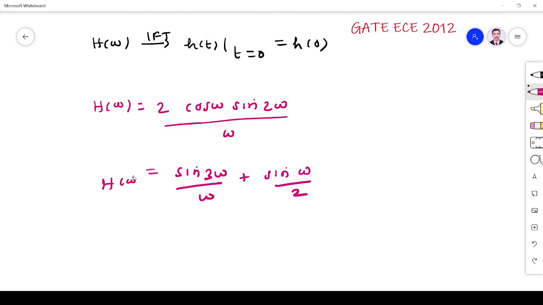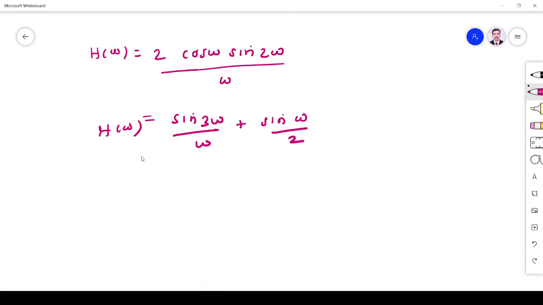Now I have to get h(t), so I take the inverse Fourier transform. I know this is in sin omega by omega format, so it is more or less like a sinc. What is sinc? Sin theta by theta. Here for sin 3 omega, if the denominator is also 3 omega, then I can make it sinc format.